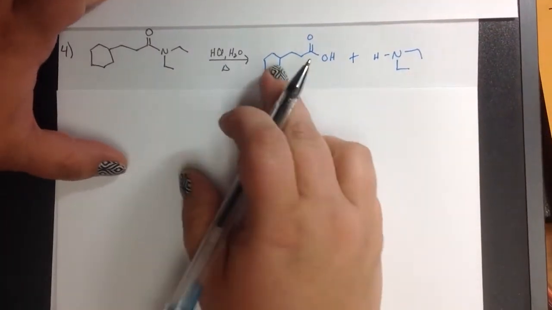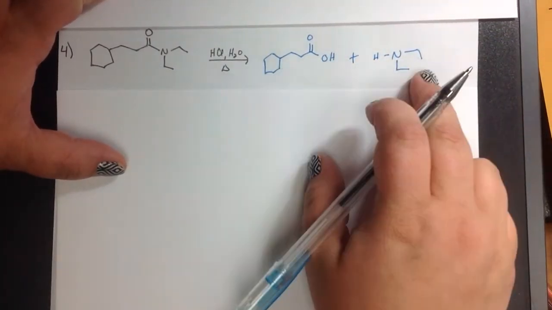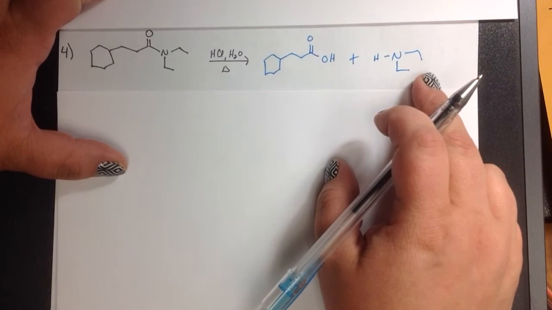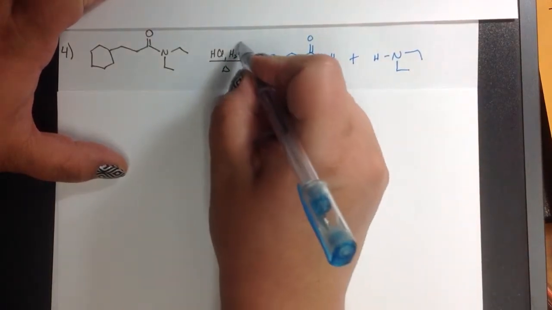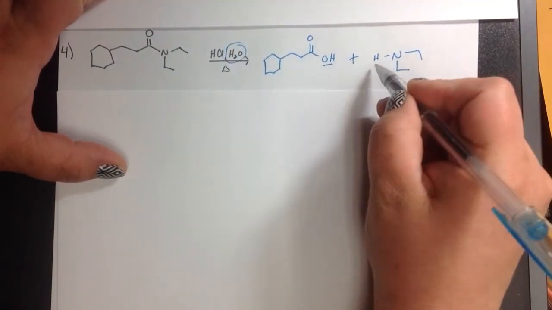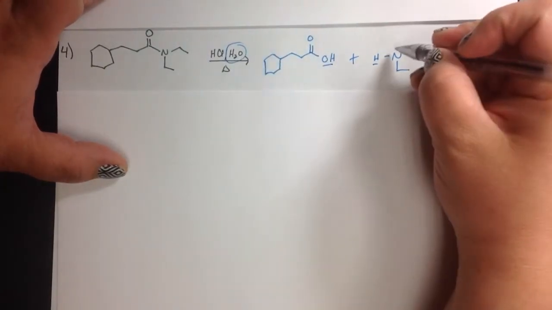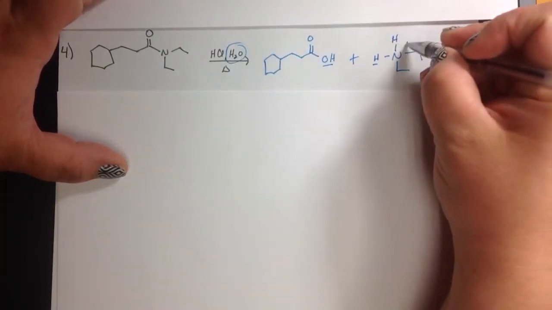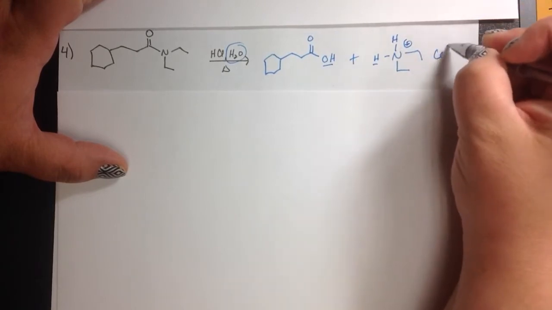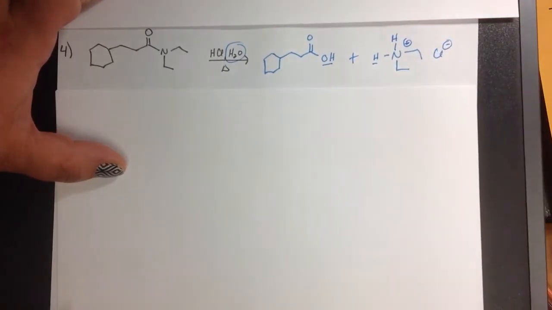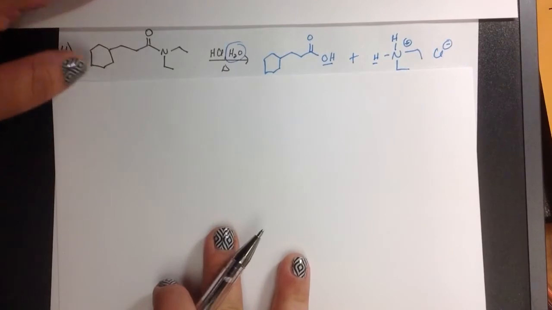Those are what I would start with, my amine and my carboxylic acid. This H2O is accounted for here and here. So the HCl will be added here. That's my positive charge. Cl minus. And there we go. Okay. Next problem.